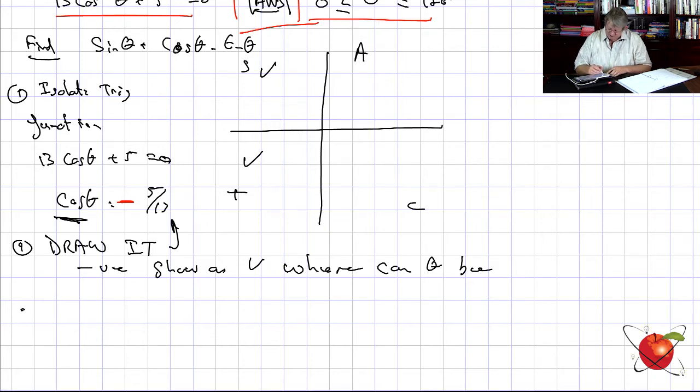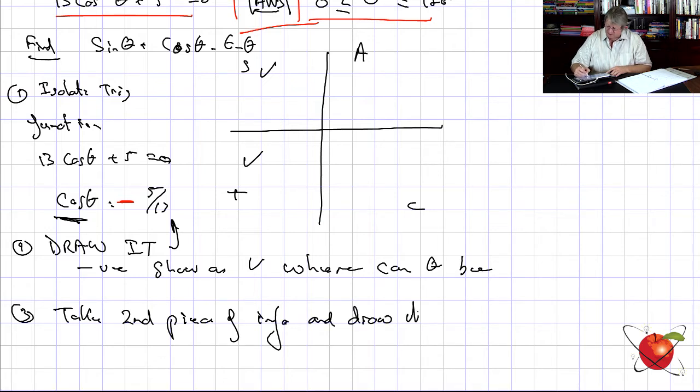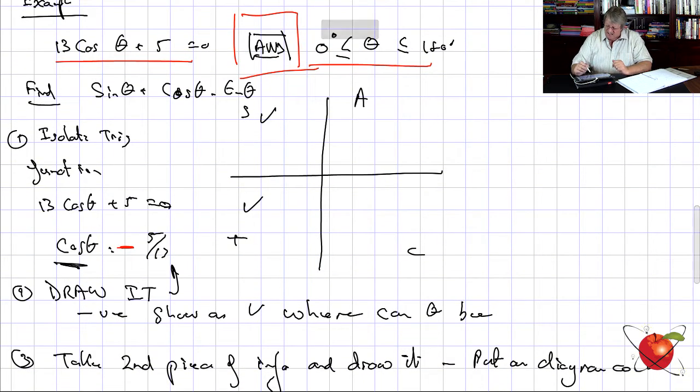Step 1, step 2, step 3. Take second piece of info and draw it. In other words, put on diagram as a tick. They have said to us in this case, the angle theta is between 0 and 180, which means, I'm going to now do this piece here, between 0, which means it's there or there, right?